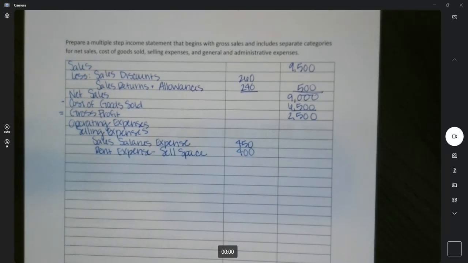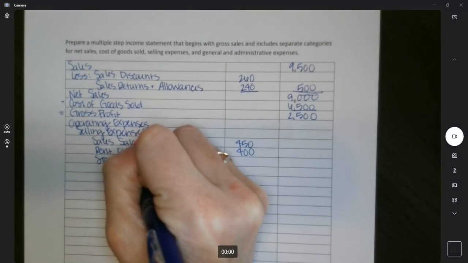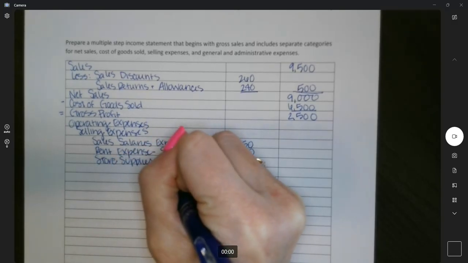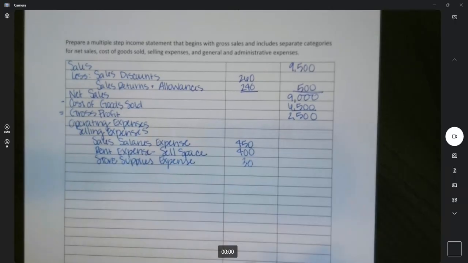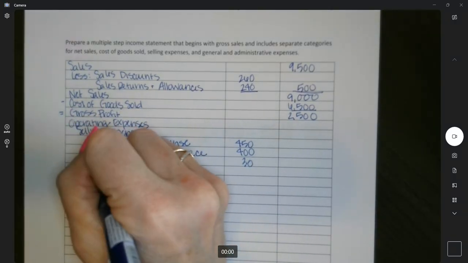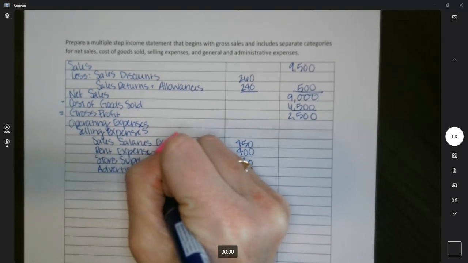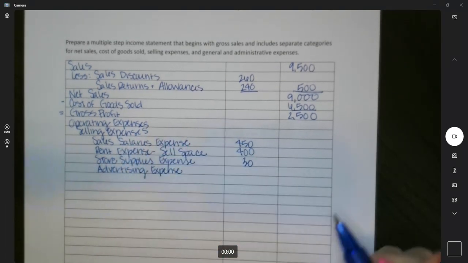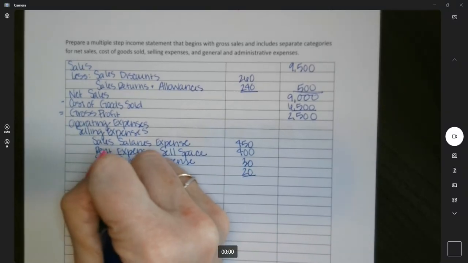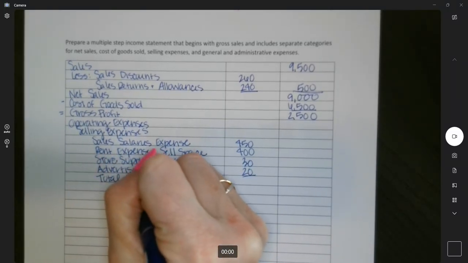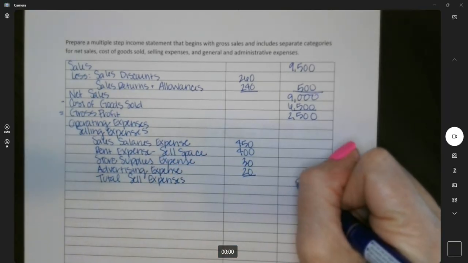And then we have the store supplies expense. That's $30. And we have advertising expense. That's $20. We're going to total these up and get our total selling expenses. And that'll come out to $900.